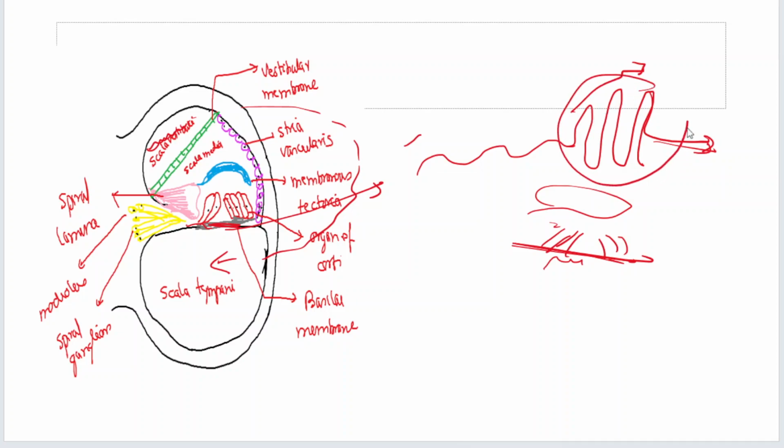At the point where the wave reaches its maximum amplitude on the basilar membrane, the hair cells of the organ of Corti against the tectorial membrane will move more. That information is passed on through the cochlear nerve, which is a part of the vestibulocochlear nerve, the eighth nerve, to the central nervous system, and this is how the sound is heard.